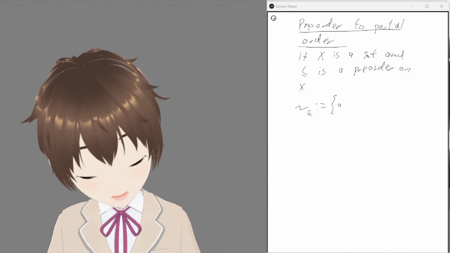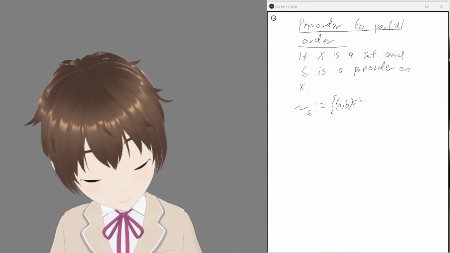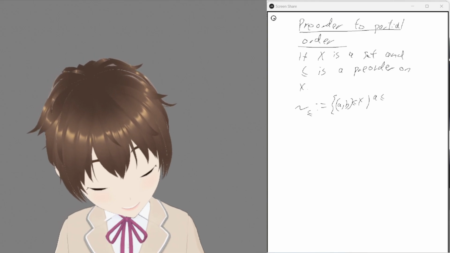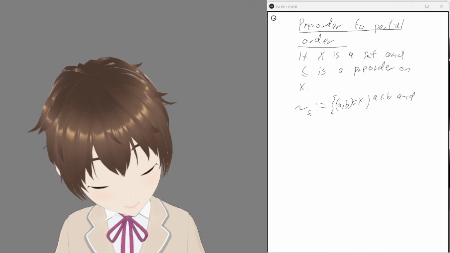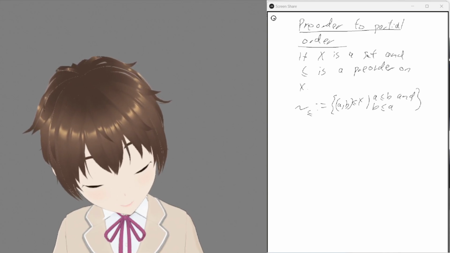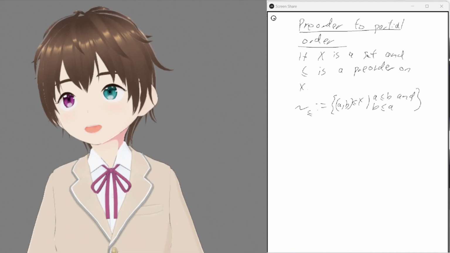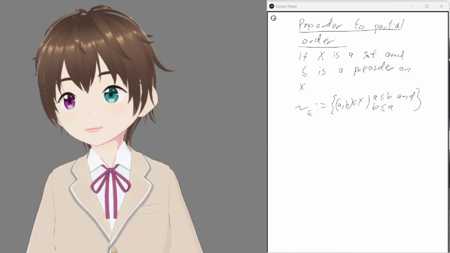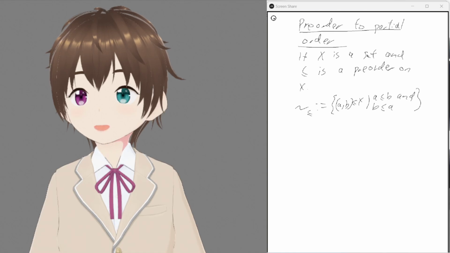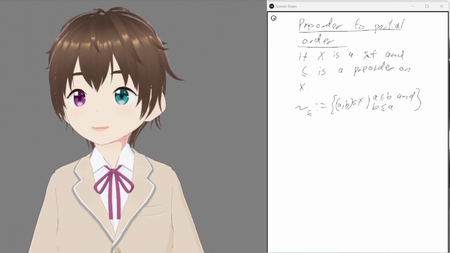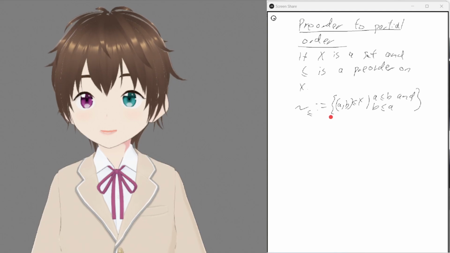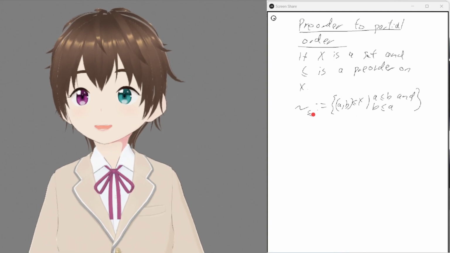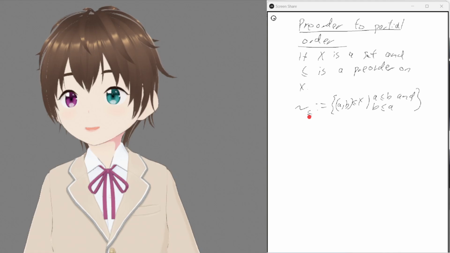It's the set of things A, B in X such that A is less than or equal to B and B is less than or equal to A. This is obviously symmetric, and it is also reflexive, and you can check by thinking for a bit that it's also transitive. It's essentially transitive because less than or equal to was transitive.